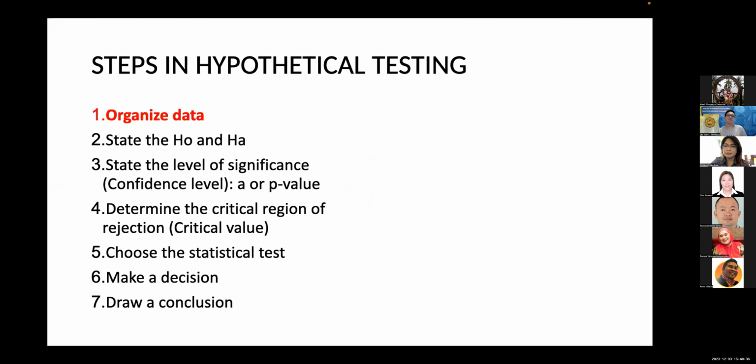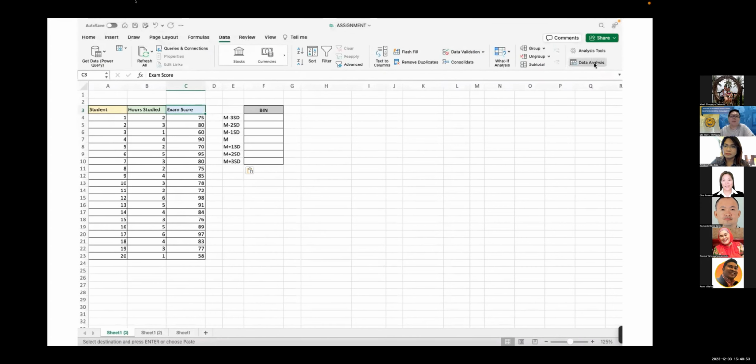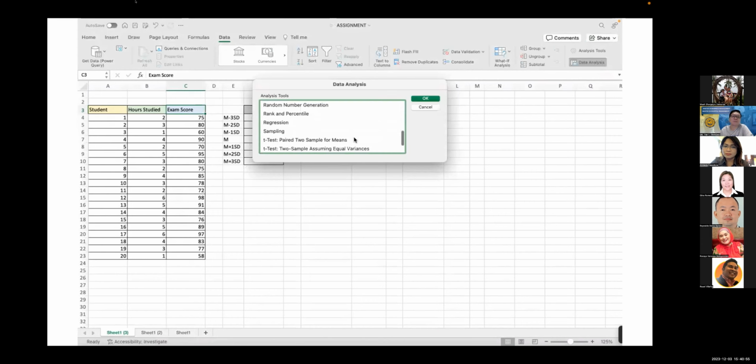First, we will organize our data. So here, we plotted our data. We have the students 1 to 20, their hours studied and their corresponding scores. First, we will generate our descriptive statistics by clicking our input range and output range.